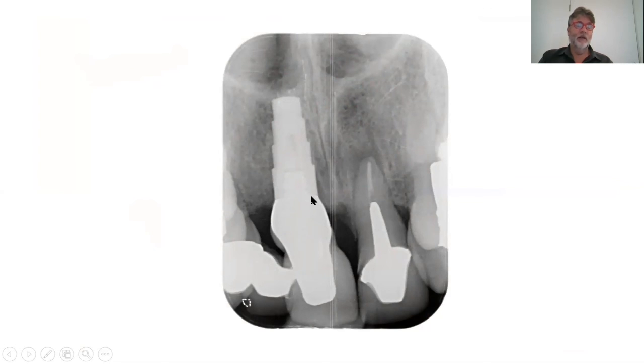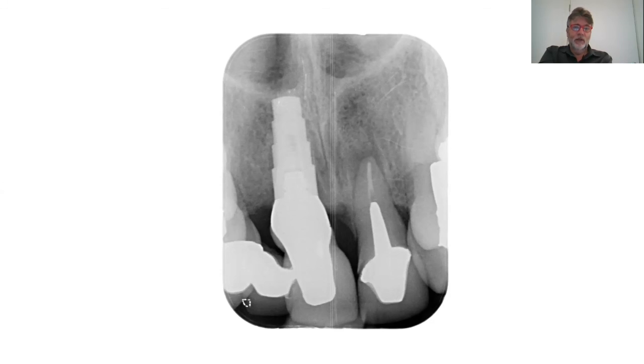Maybe palatally it was okay as well. But on the buccal surface, the bone was around here somewhere. Because that was so well integrated, we decided to clean it, decontaminate the surface, and put a graft over the surface of it, not for new integration, but purely so that the patient could keep it cleaner. And of course, we changed that restoration so that it wasn't predisposing.